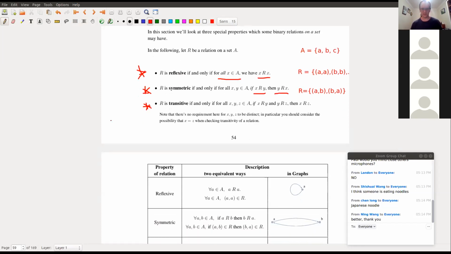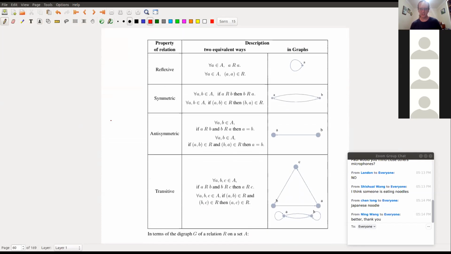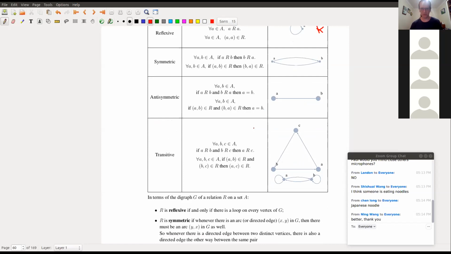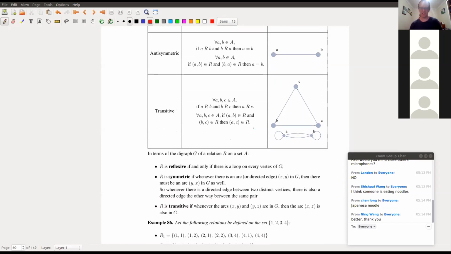As a picture, you've got this one over here, A points to itself. We draw the graph. Symmetric, A points to B, B also points to A. Anti-symmetric, don't worry so much, but it's the opposite. And transitive, I think the arrows are broken in this picture.